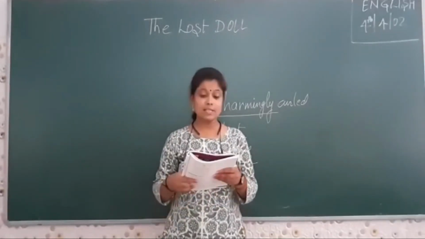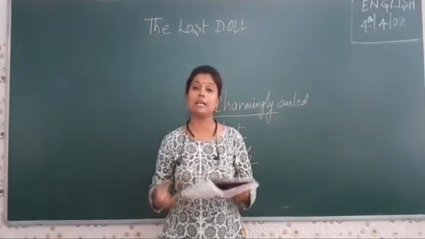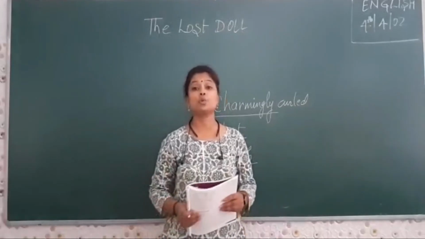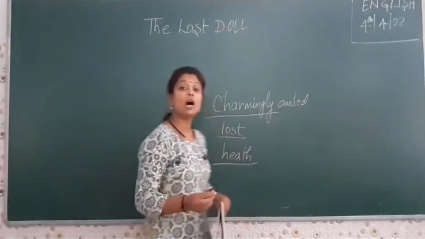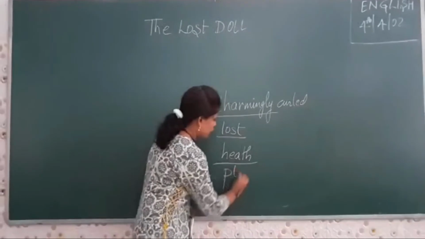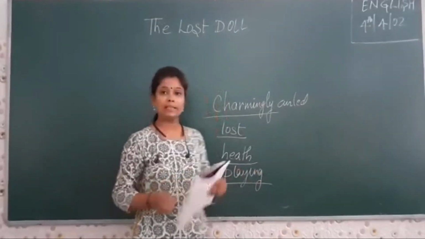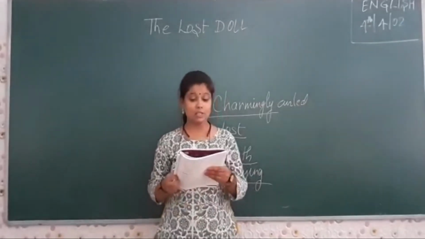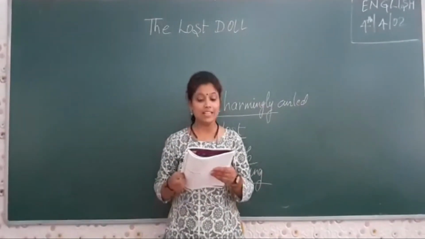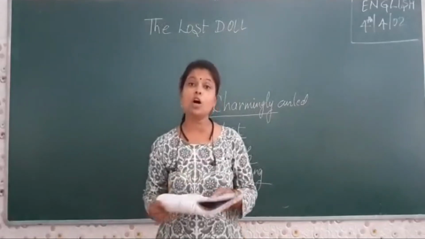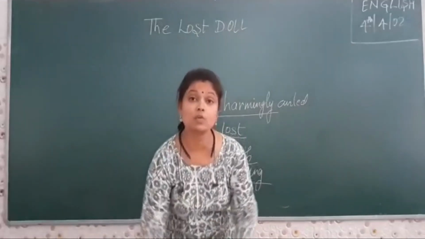Now the next, the girl was dash in the heath. What was she doing over there? She was playing. Clear? Next, for the girl, it was the dash doll. What kind of doll was she saying?